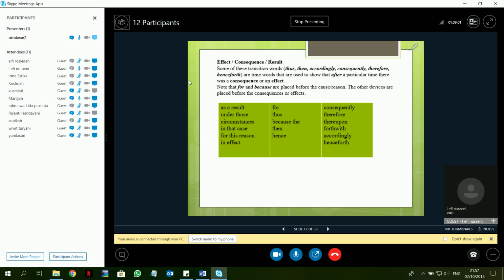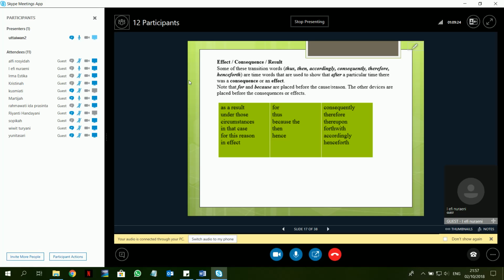Kemudian ada effect, consequence, or result. Now, some of these transition words, thus, then, accordingly, consequently, therefore, henceforth, are time words that are used to show that after a particular time, there was a consequence or an effect.